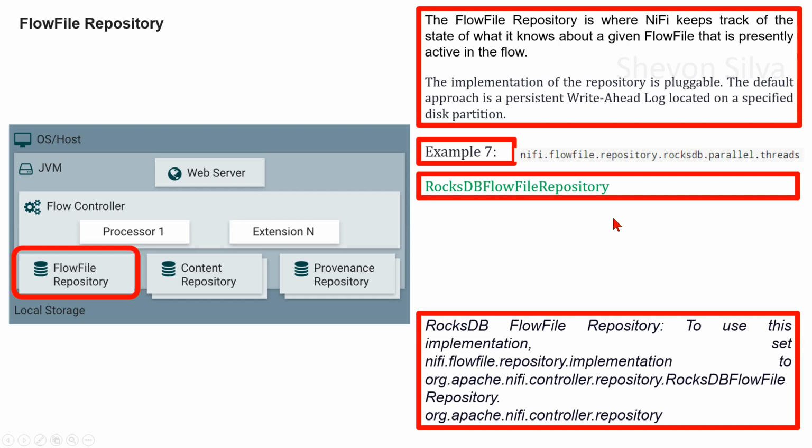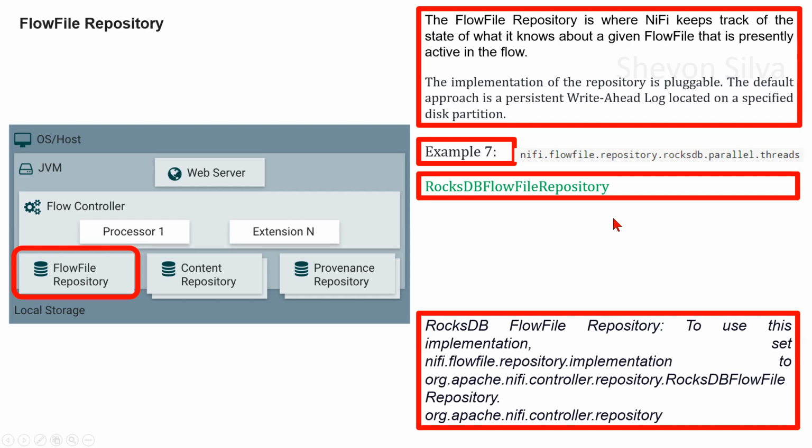The RocksDB flow file repository is deprecated in favor of the write-ahead flow file repository. It will be removed in future major versions of Apache NiFi. To use it in NiFi 1.x, you must download NiFi RocksDB NAR from the Apache Nexus repository and place it in your NiFi lib directory.